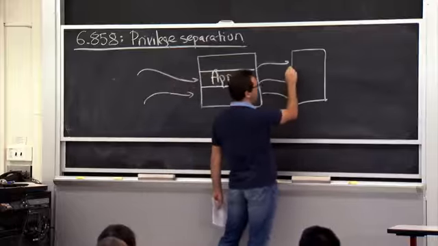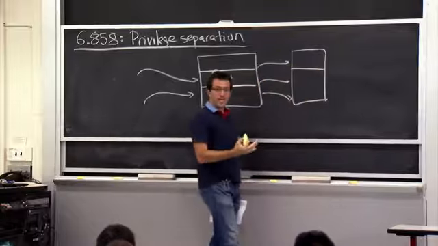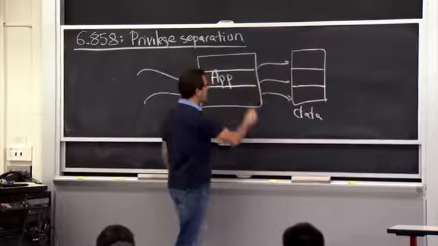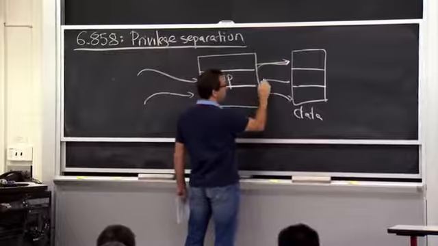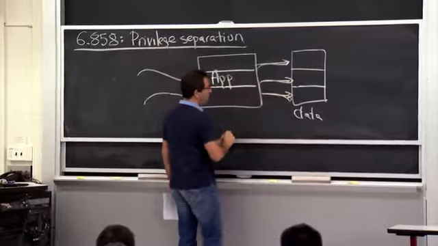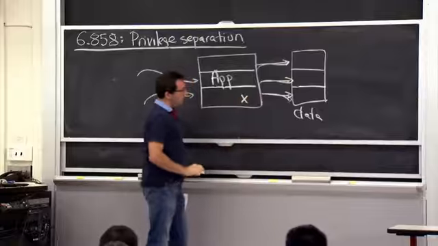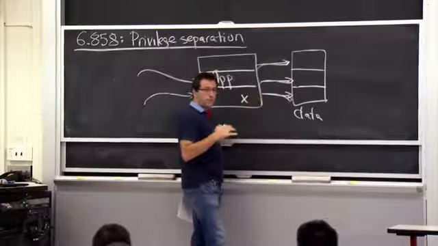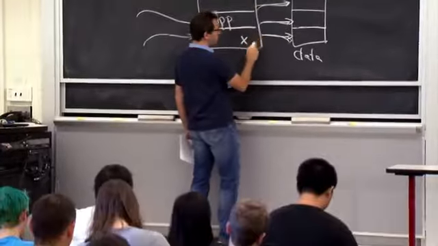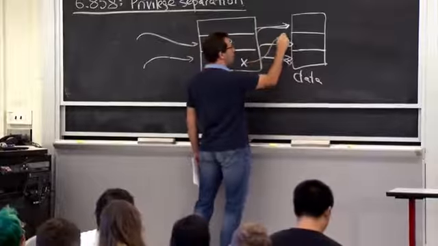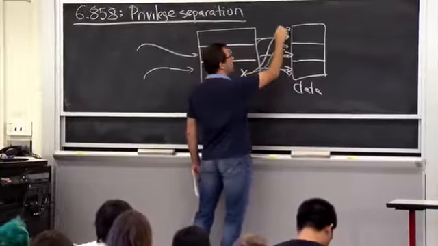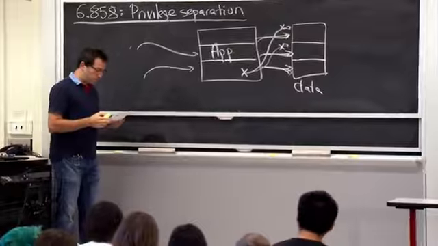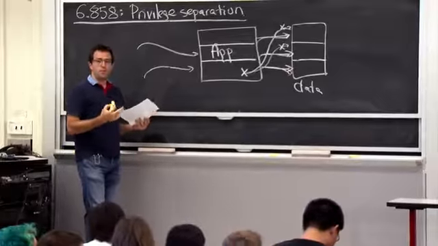So you could imagine that if all the privileges you care about are access to data in the back end, maybe you can slice it up in some way, give this piece access to this piece of data, this piece access to this piece of data, and so on. So then if you find a bug here, well, maybe this data is compromised. But hopefully, whatever slicing you've done is going to enforce the separation so that a vulnerability here doesn't allow the attacker to access these other pieces of data, or more generally, other privileges that the application has access to. So this is the big idea behind privilege separation.